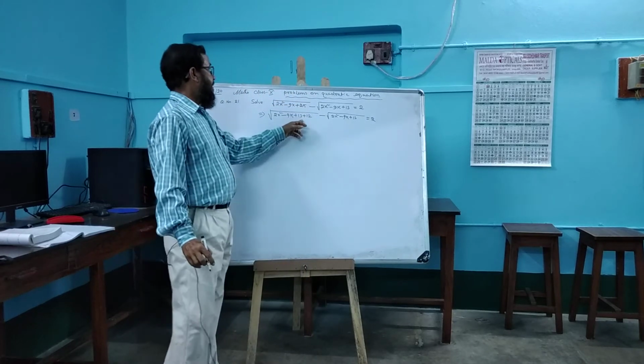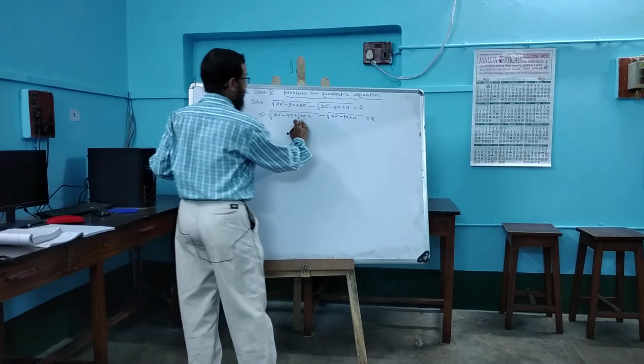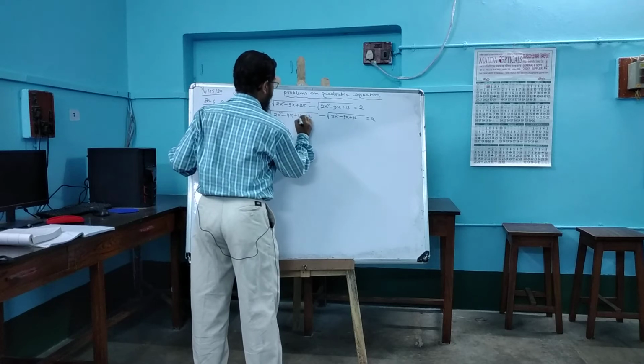This 25 is reduced in this form 13 plus 12.